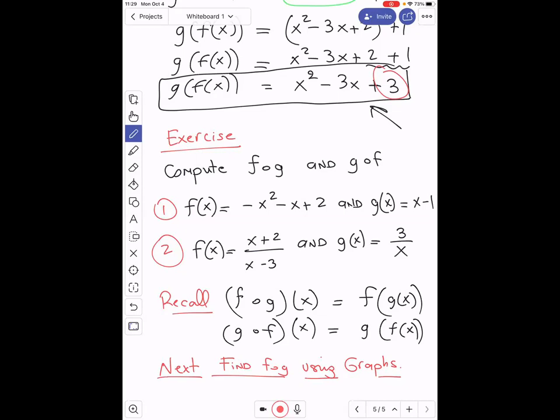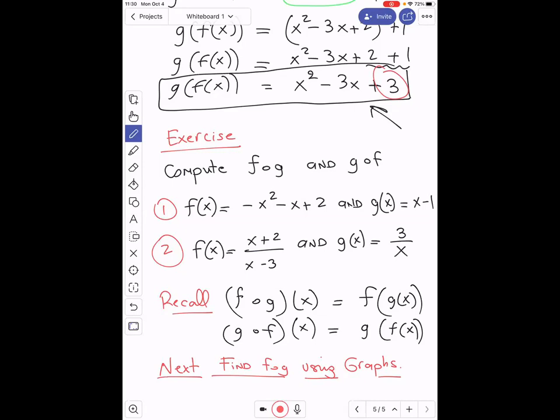Now you're saying, let me see. So for f of g of x, minus 2x.